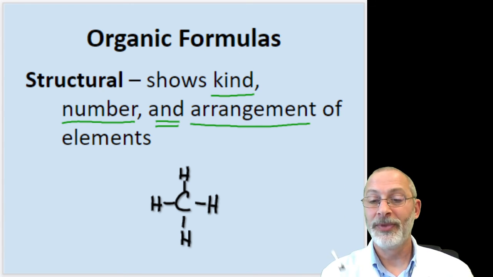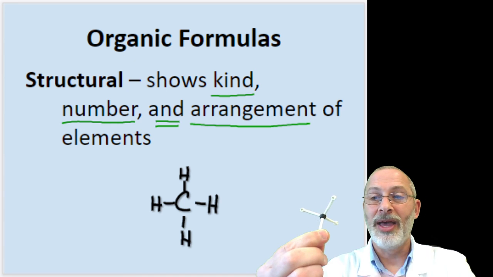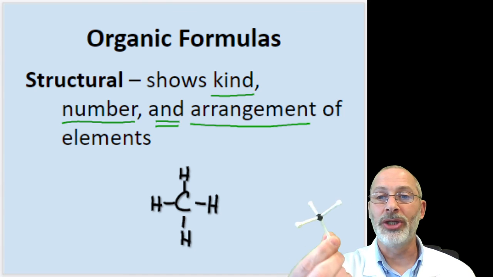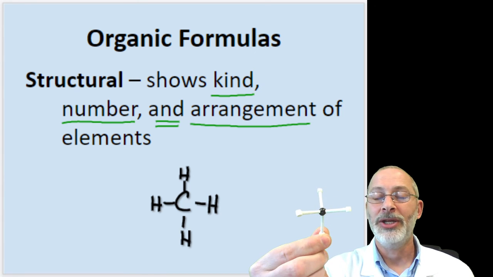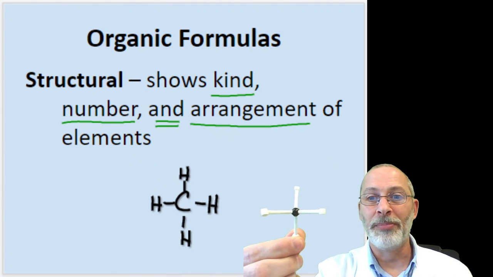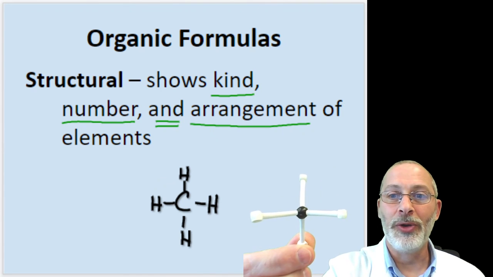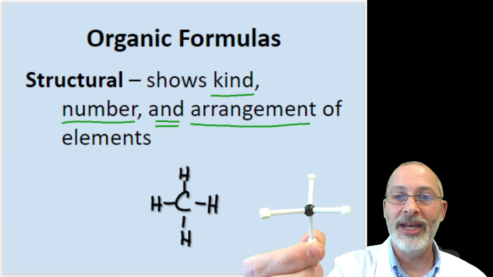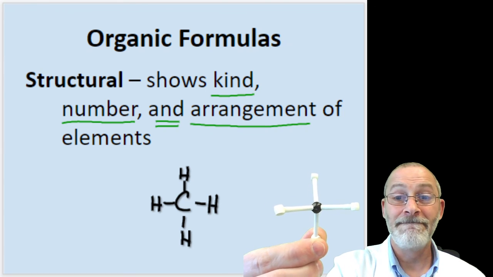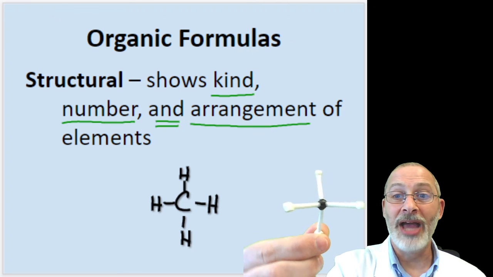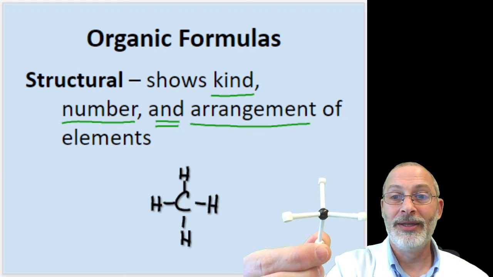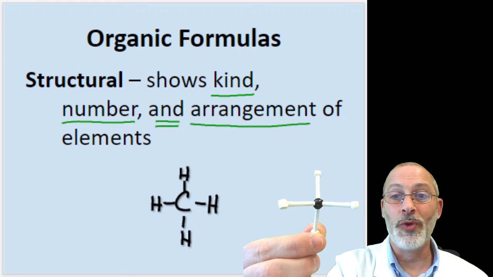Here's another model that if I hold it in just the right orientation, you have to kind of twist it here, and I'm trying to do it in reverse for the camera and your benefit. It's much easier in person, by the way. But if I hold this closer to the camera, look at it again. How many carbon atoms are there, everybody? 1. How many hydrogen atoms, in this case represented by the white pegs? There's 4.